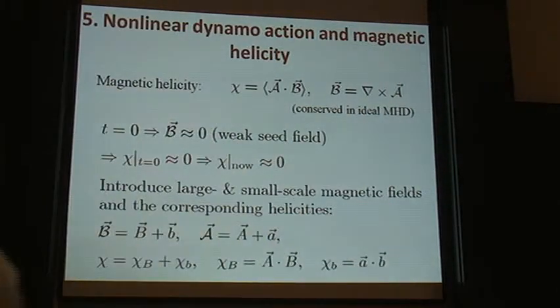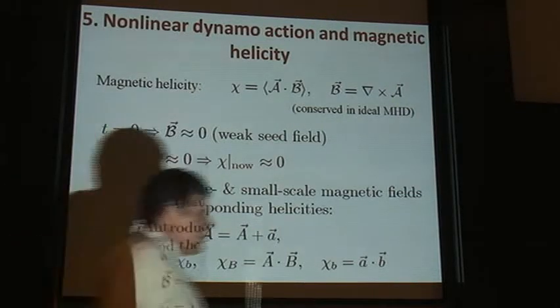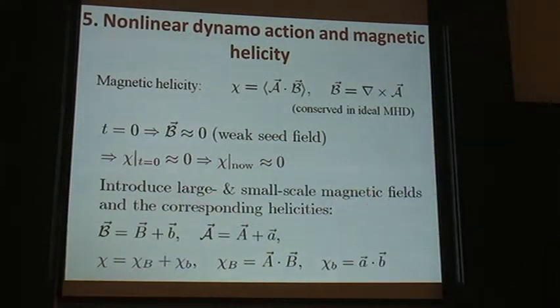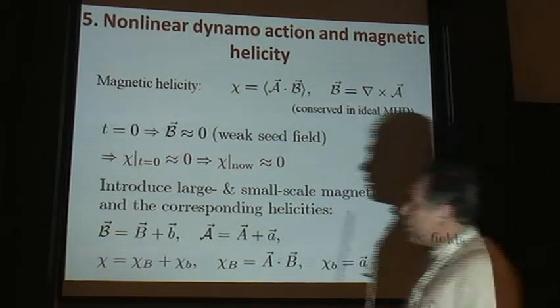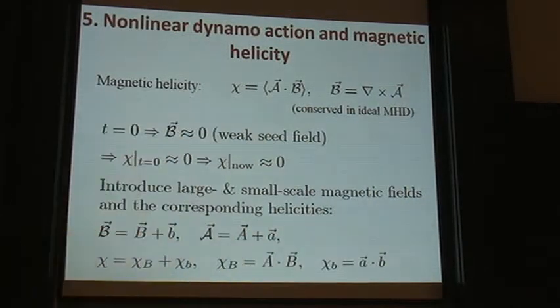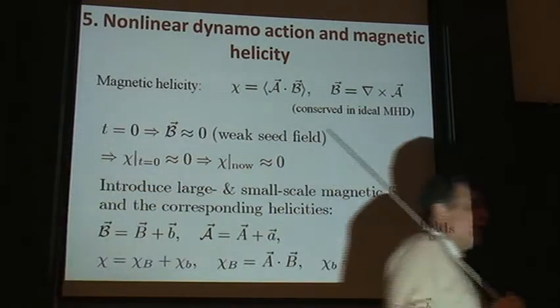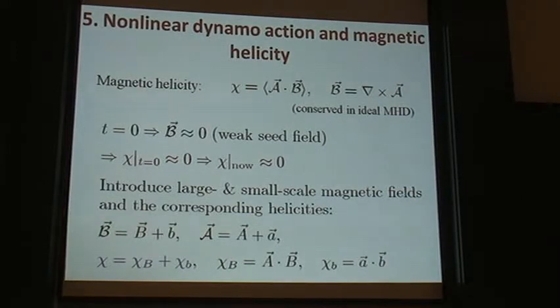Now, a few words about how you can move beyond these simple kinematic models. I'm now entering a completely badly explored area, full of angry and dangerous animals hiding behind every bush, behind every tree. I call this the magnetic helicity constraint, or nonlinear behavior.